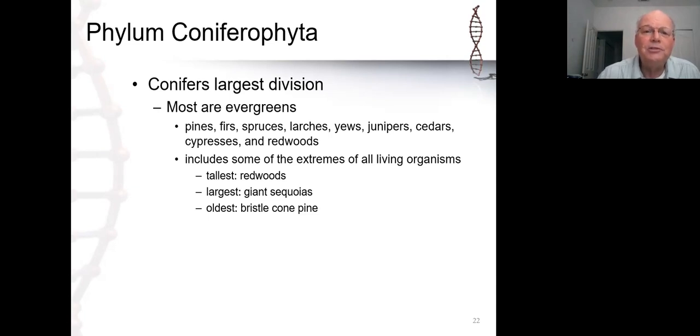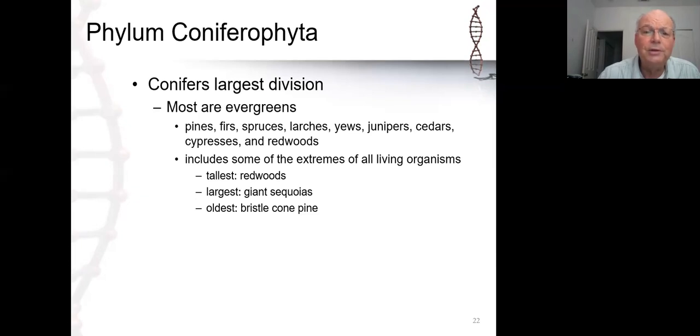The needles themselves, while we say that these trees are evergreens, that doesn't imply that they don't lose their needles. They do, they just lose a few at a time rather than dropping all of them at once and then growing a new set next spring. What is the advantage of being an evergreen? Well, so long as the environmental conditions are suitable, they can carry out photosynthesis all year round.